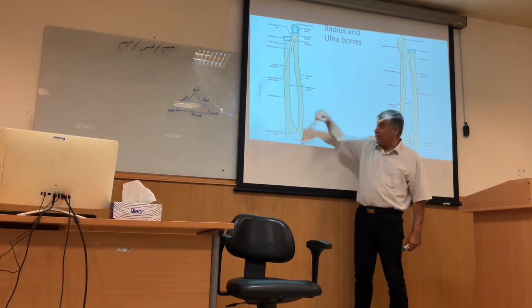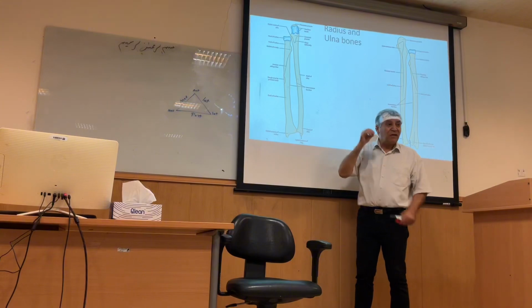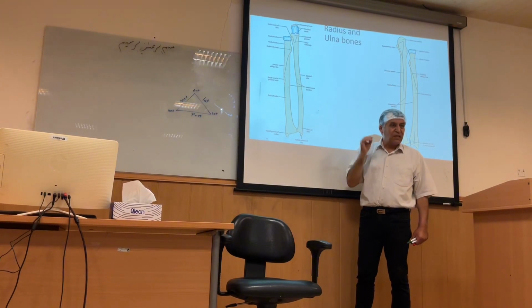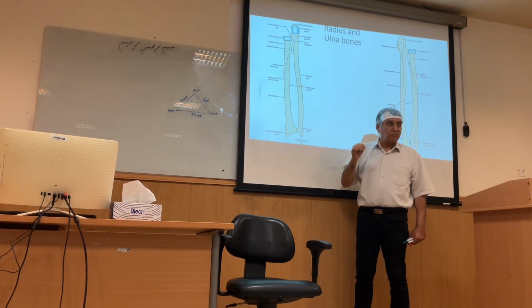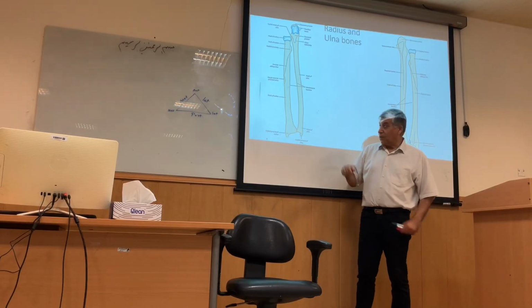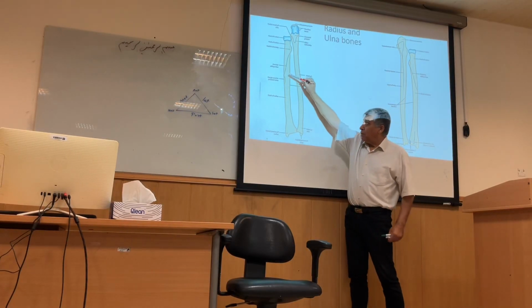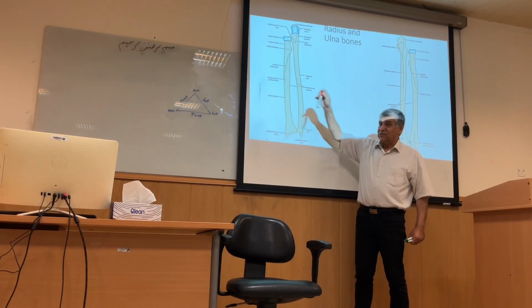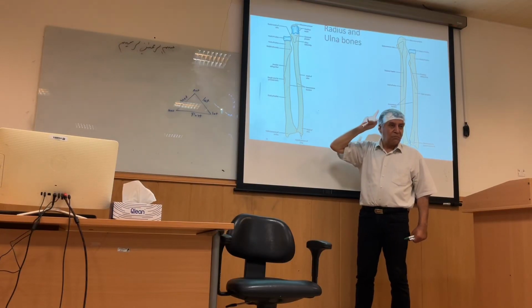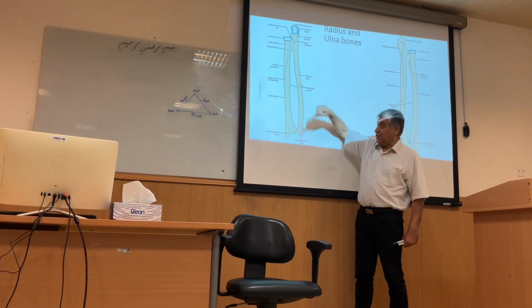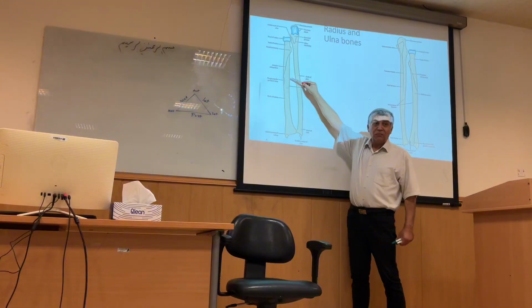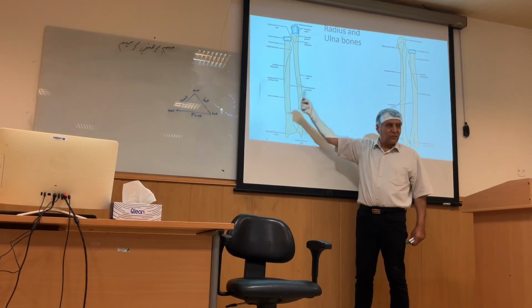For this reason this border is very, very sharp. So the body or shaft has just one important structure: the medial or interosseous border.